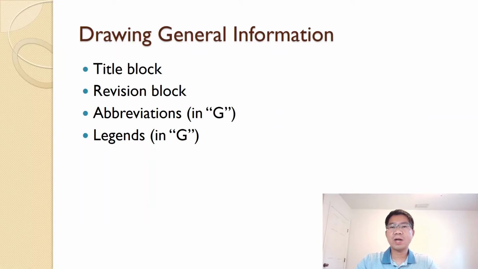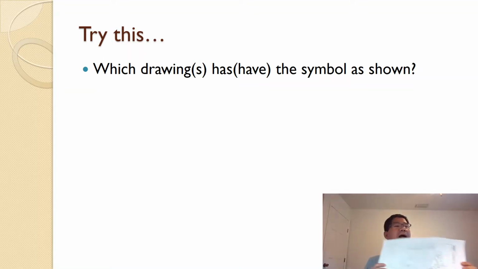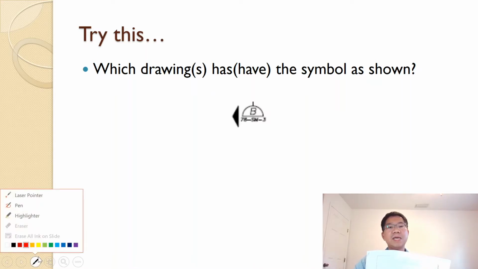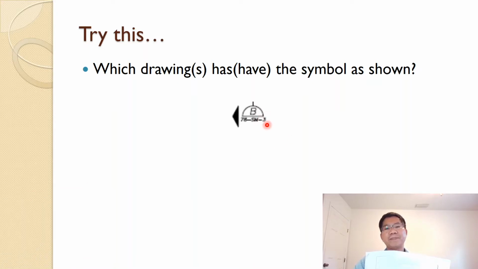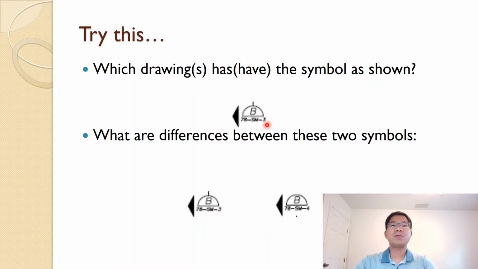Next, from this drawing, and on Canvas you can pull out the PDF and try this on your own: pause this video and find which drawings have the symbol shown here, B78 SM3, and what the differences are between these two symbols.